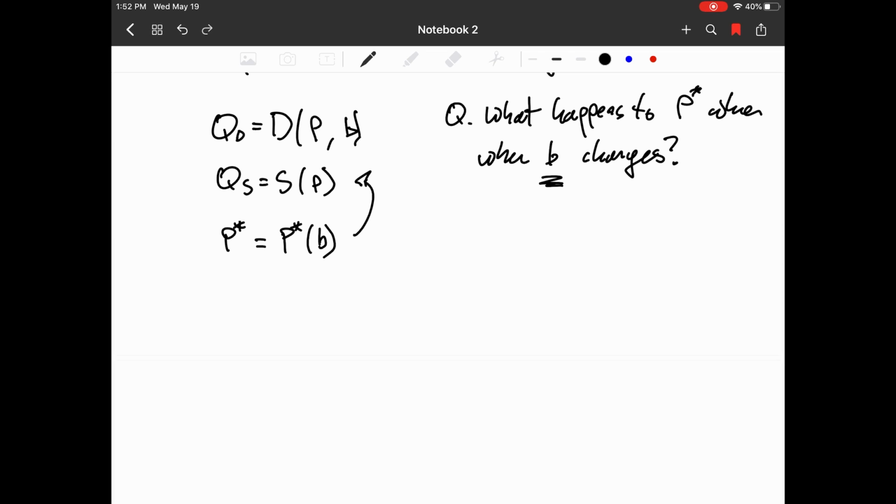Okay, so QD, let me write this a different way. D, and we're going to substitute in p star, which is a function of b, and we have our supply curve, which is also taking p star, which is a function of b.